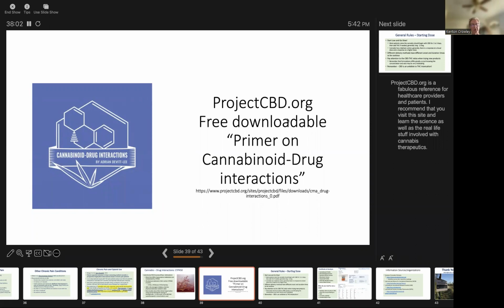There's more and more coming out. The most recent one that I've seen involved THC inhibiting the metabolism of digoxin and giving an elevated level.